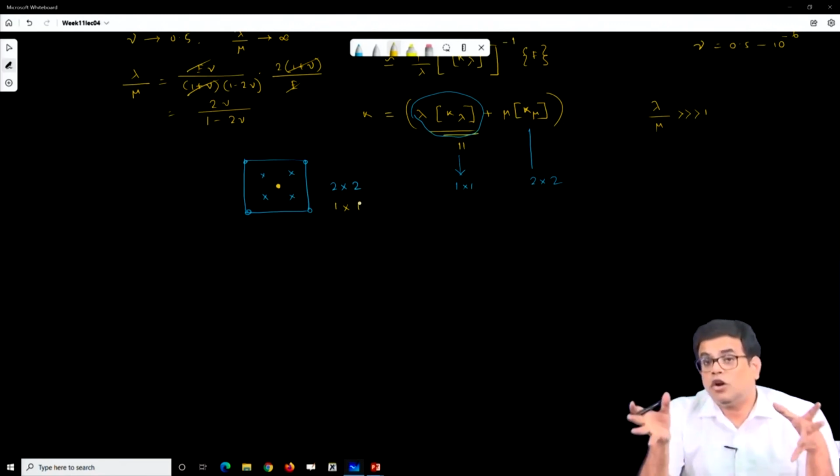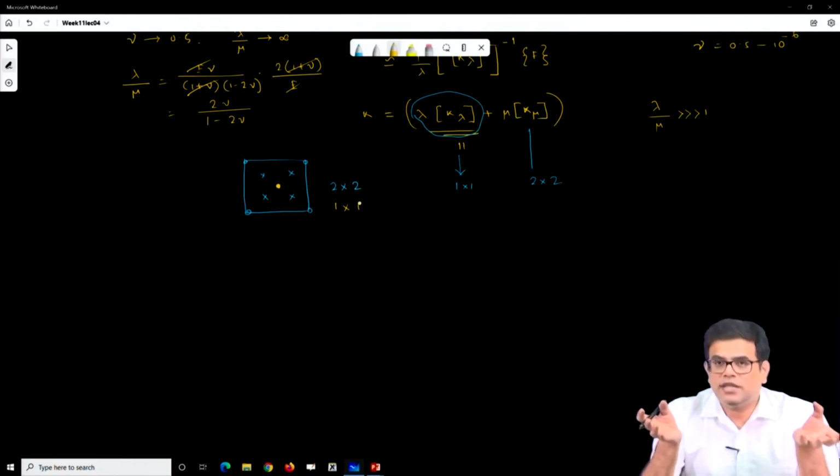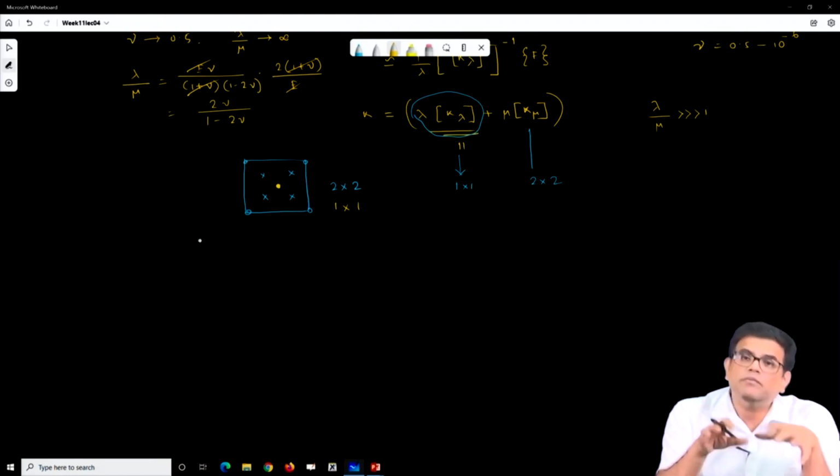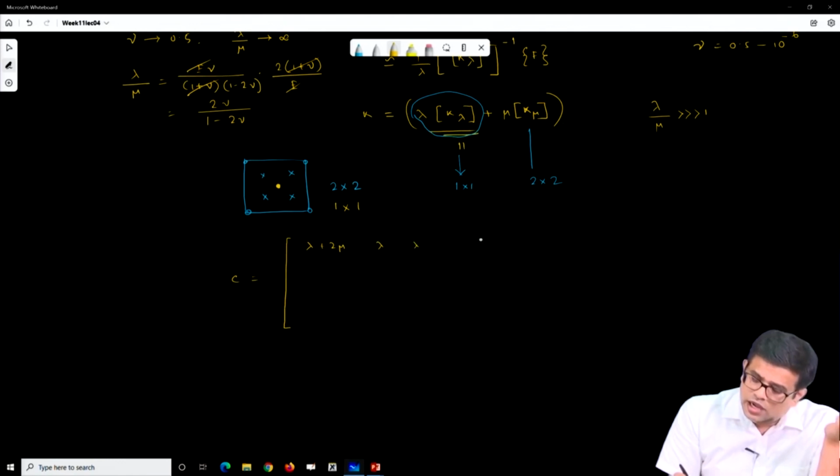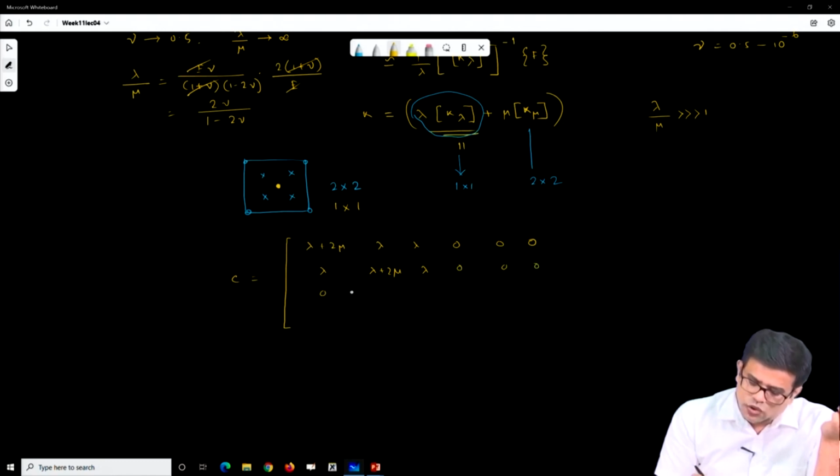Even though we have not discussed 3D elements here, the same thing can be applied to a 3D hexahedral element, because in the 3D constitutive equation I can write this simply as lambda plus 2 mu, lambda, lambda, then 0 0 0, then lambda, lambda plus 2 mu, lambda, 0 0 0, and then lambda, lambda, lambda plus 2 mu, and then 0 0 0. This is for isotropic material.